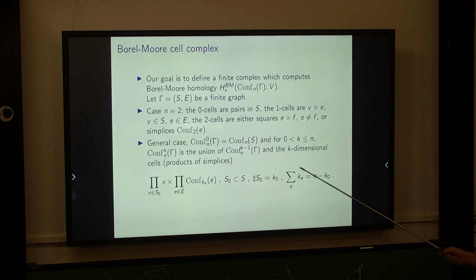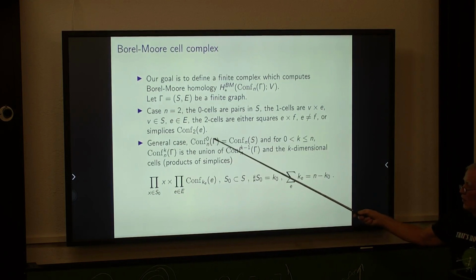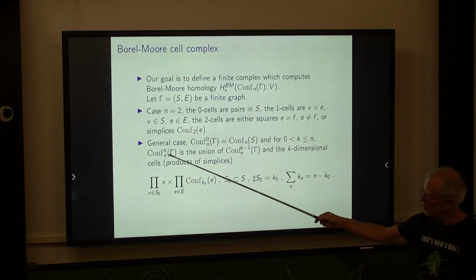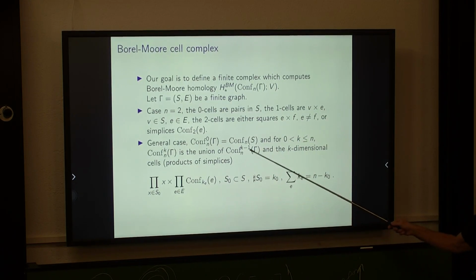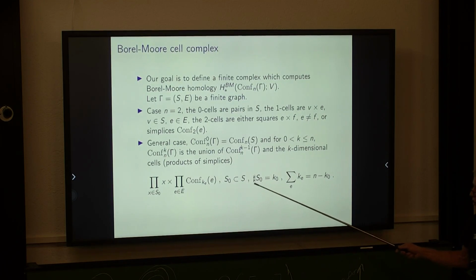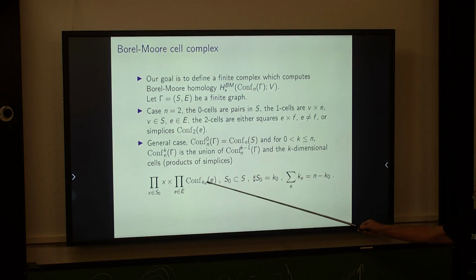And in the general case, I will start with the 0 skeleton of my configuration, which is just the n-point configurations in S. And for each k, the k skeleton will be the union of the k minus 1 skeleton as before, and the k-dimensional cells, which are products of simplices, indexed by a subset with cardinality k0, and edges, products of configuration in edges, so that the dimension is n minus k0.